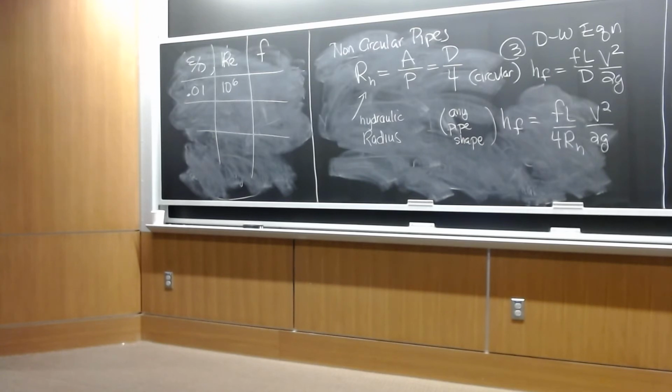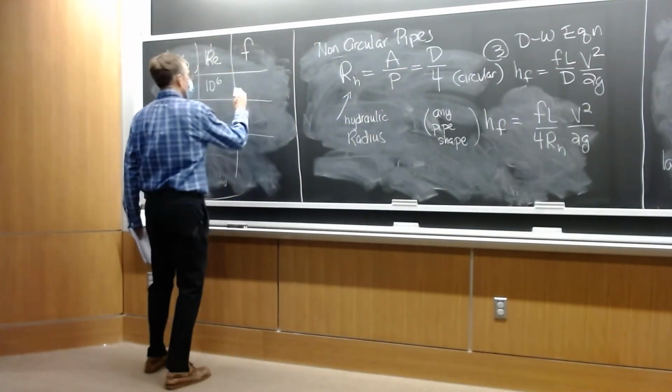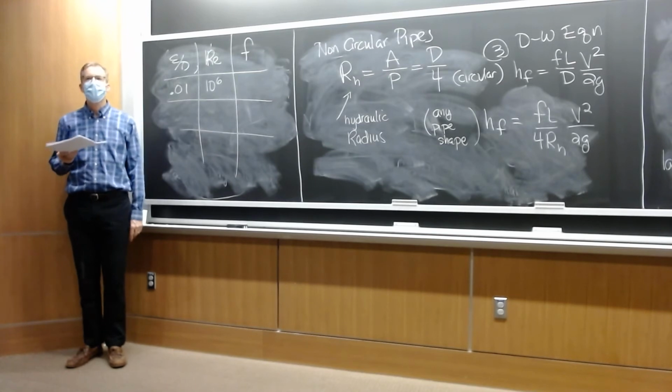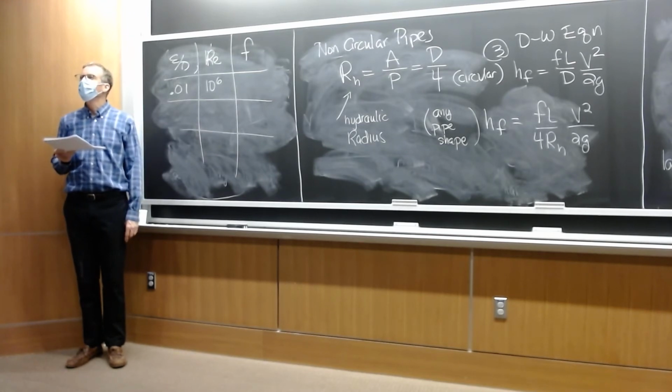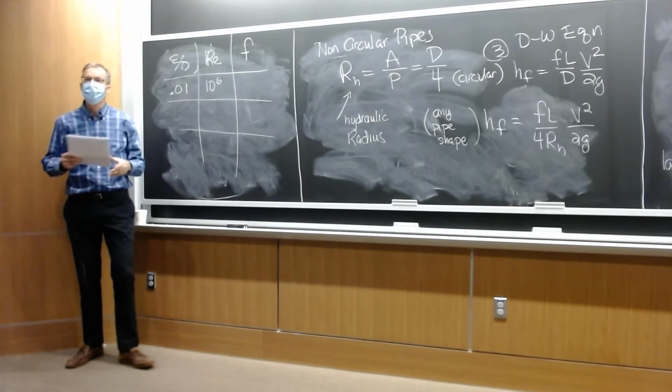Here's 10 to the 6th. I'm going up, and it's right there. So we get a friction factor here in the class, and then you read over to the left, and it's a little less than... I'll ask somebody to give me their guess first before I put mine. 0.039. That's what I got as well.